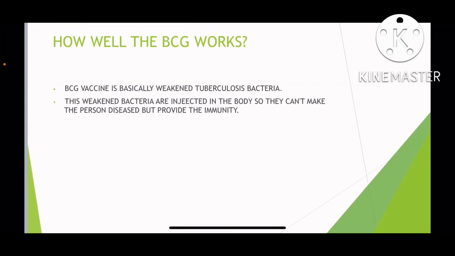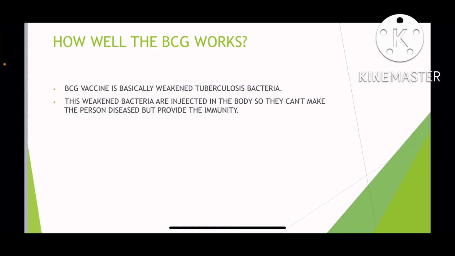How well does the BCG work? So what exactly is the BCG vaccine? BCG vaccine is basically weakened tuberculosis bacteria. The full form of BCG is Bacillus Calmette-Guérin. When we inject this weakened bacteria into the body, the body starts producing antibodies against it, and those antibodies keep on multiplying.